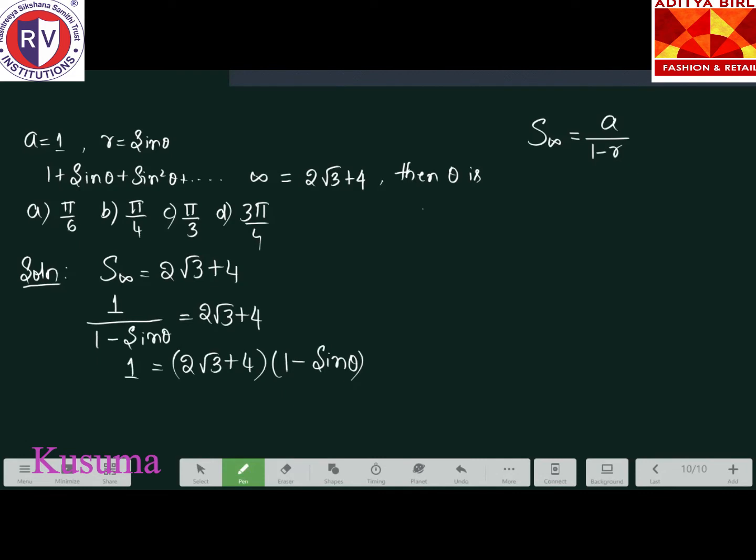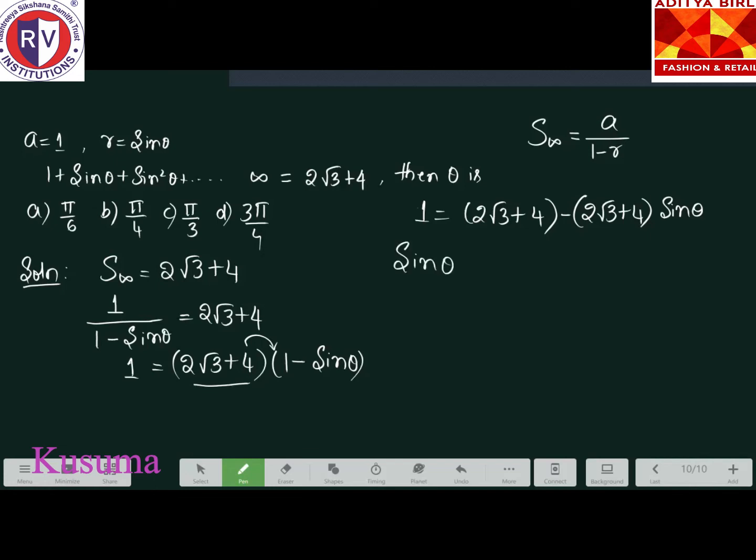So what happens here? 1 is equal to this entire term into 1 minus this entire term into sin theta. That is 2 root 3 plus 4 minus 2 root 3 plus 4 into sin theta. Since we need the value of theta, let us keep the sin theta on one side, towards the LHS, and simplify the other terms to the RHS.